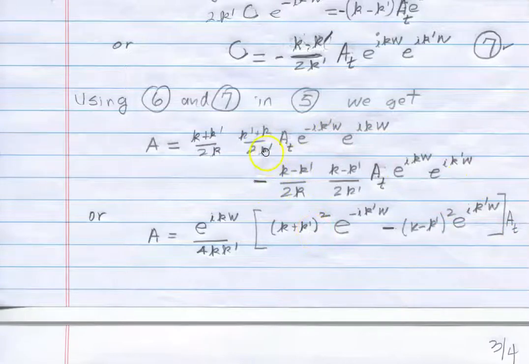And what I'm left with, when I factored all those out, I've got a k plus k prime squared. I've factored out everything else here except for the e to the minus i k prime w. And in this term, I've got k minus k prime squared. I factored out the numerator, I factored out a, I factored out this, and I've got an e to the i k prime w. So I have that.